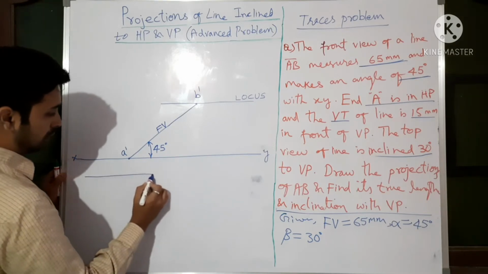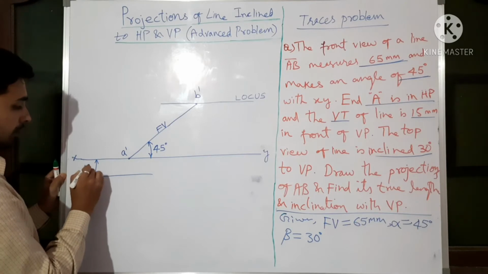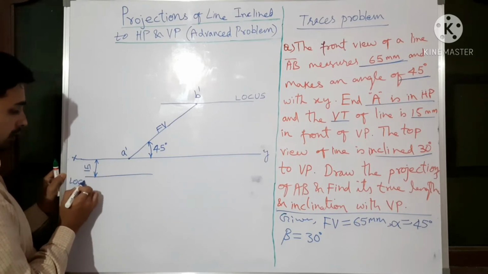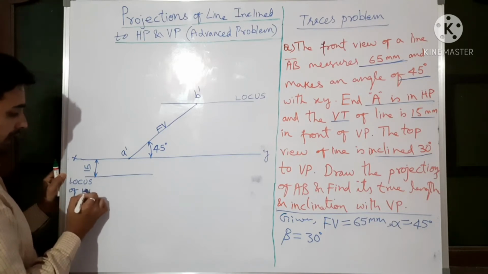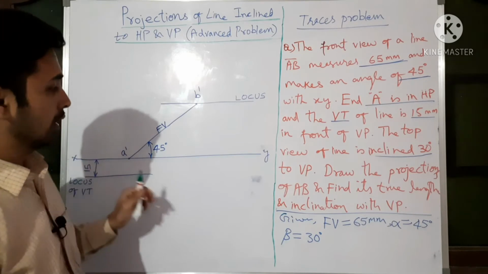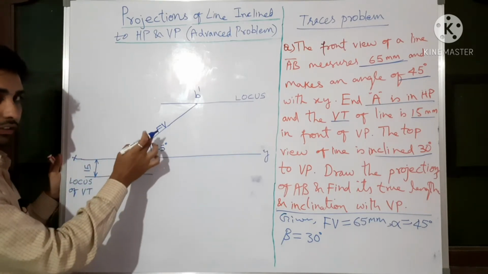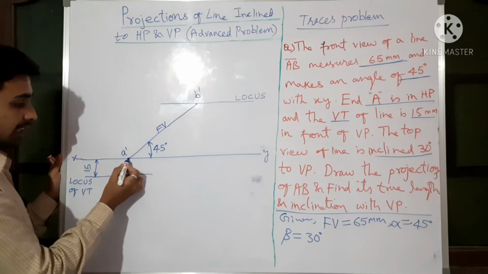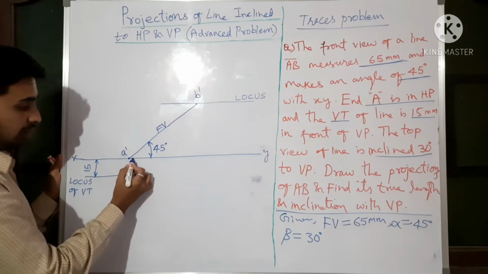Assume this is the distance, 15. This is the locus of VT. So VT will be somewhere here. Now if you see the front view, wherever the extension of the front view meets the xy line, this point is small h.